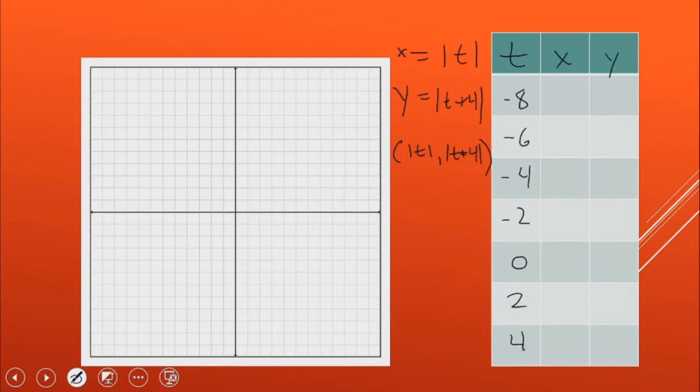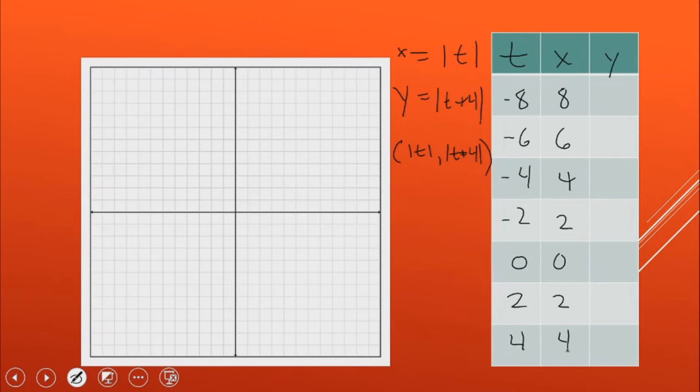Okay, so let's find our x and y coordinates. When t is -8, x is the absolute value of -8, that is equal to 8, right? And since we know that the absolute value of a negative or positive number is always going to be the positive value of that number, we can go ahead and fill out the table for x's.